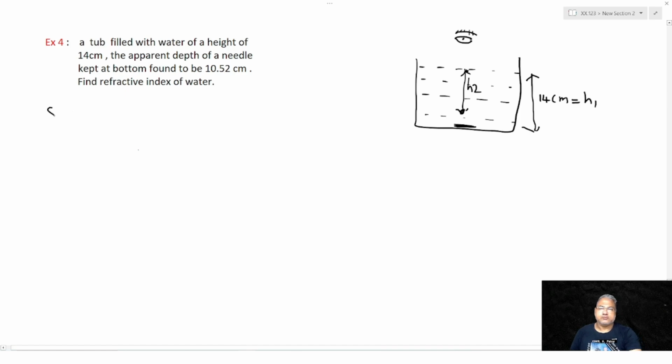So step 1: let H1 equal the actual depth, and H2 equal the apparent depth.